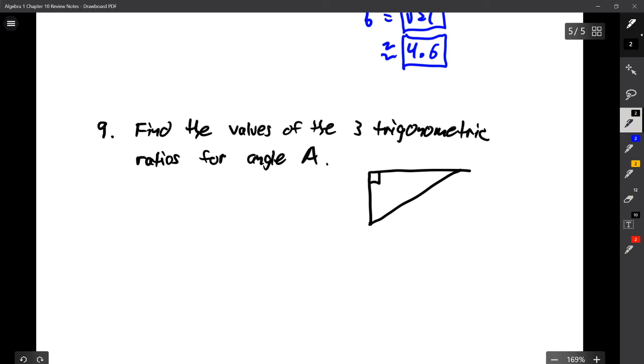I missed a little bit there. That's okay. This is angle A. Here, I'll do that. This is 12. This is 4, and this is 4 root 10.